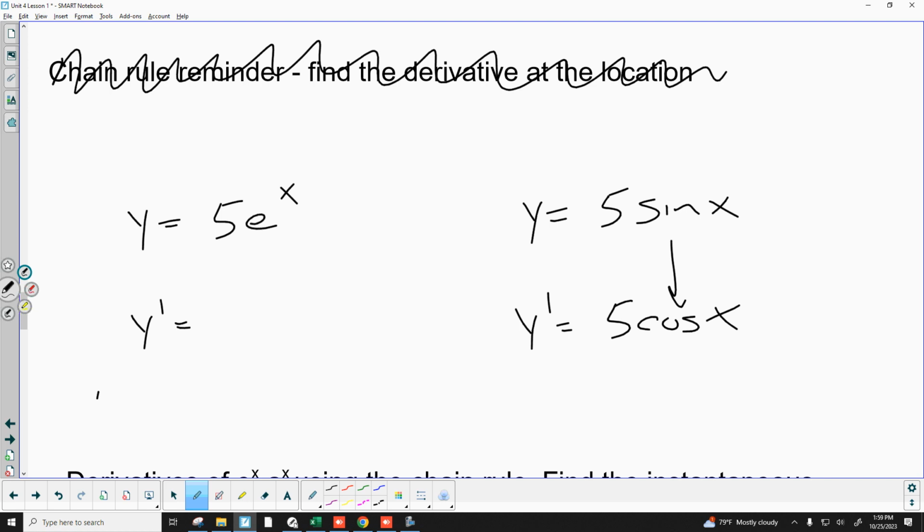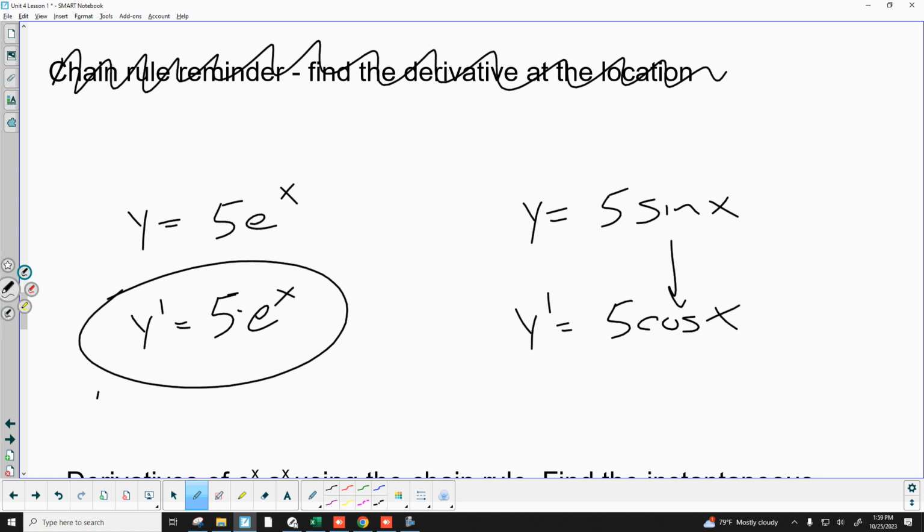You just left the coefficients and you took the derivative of sine. 5 e to the x's derivative is 5 times the derivative of e to the x, which is e to the x. This is another example where coefficients, constants really trip students up.